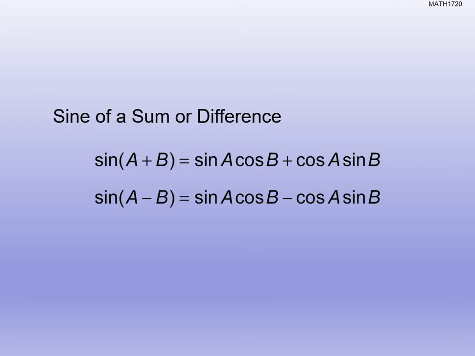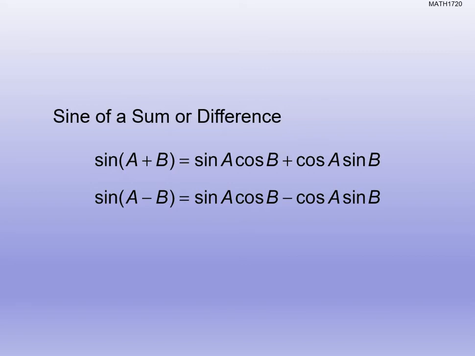Now you're going to add sine of a plus b, which is equal to sine of a cosine of b plus cosine of a sine of b. You're also going to have sine of a minus b, our difference for sine, which is equal to sine of a cosine of b minus cosine of a sine of b. You can either memorize those or have those on your trig identity sheets to work through.